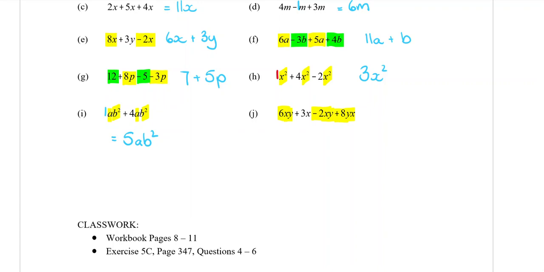So 3 of them are the same, but the 3x is different because it doesn't have the y as well. So let's go through with the numbers. We have 6 minus 2 is 4, plus 8 is 12xy, and the 3x, which is different, will sit separately.